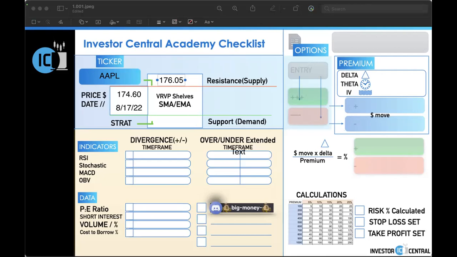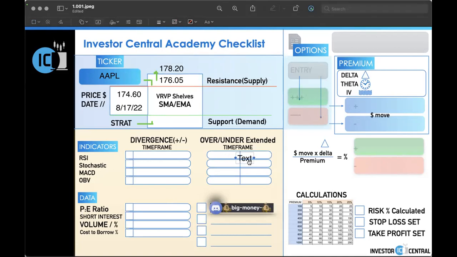You could target 178.20. Okay, right. So if it breaks above that, that would be your target. What else?